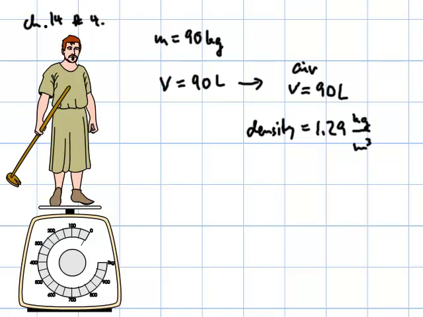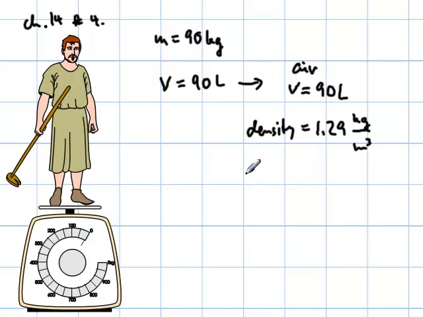Usually when we had the densities for solids and liquids, we were in the neighborhood of a few thousand kilograms per cubic meter. Here we're at only 1.29 kilograms per cubic meter. Makes sense. Air has relatively little mass. Still, that's 2.5 pounds for a cubic meter, or roughly 30 cubic feet, top of my head.